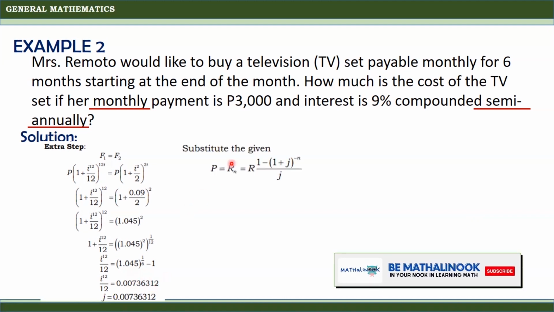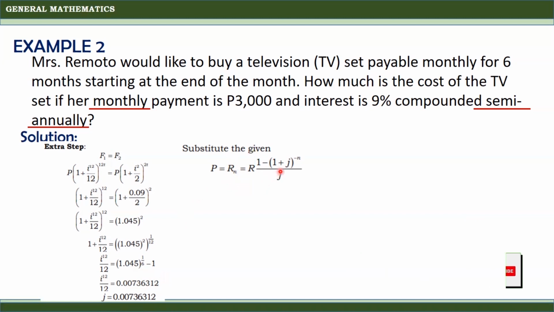Let us now use the formula for the present value. P equals R sub n equals R times 1 minus (1 + j) raised to negative n, all over j, where R is equal to the regular payment, which is 3,000, and n is the total number of payments, which is equal to 6.